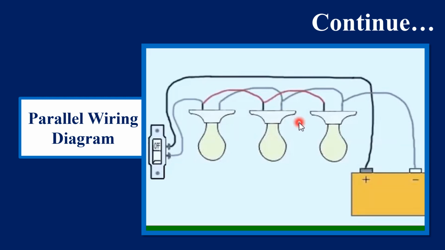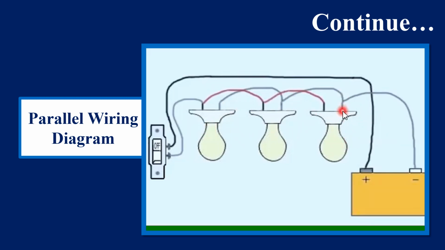equipment. Like in this example of the bulbs, if we want to connect 3 bulbs in parallel, we can see that each bulb has 2 wires, phase wire and the neutral wire. So we will connect the phase wire of one bulb with the phase wire of the second bulb, and the phase wire of the second bulb will be connected with the phase wire of the third bulb. Same case for the neutral wire.